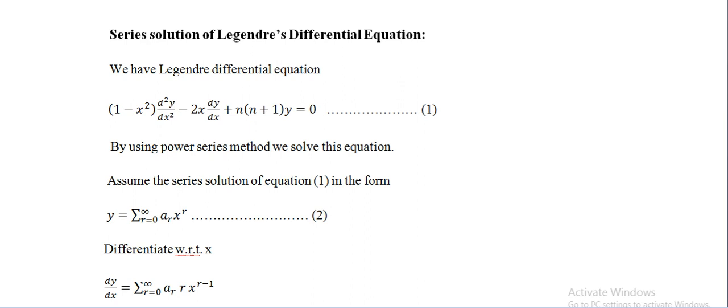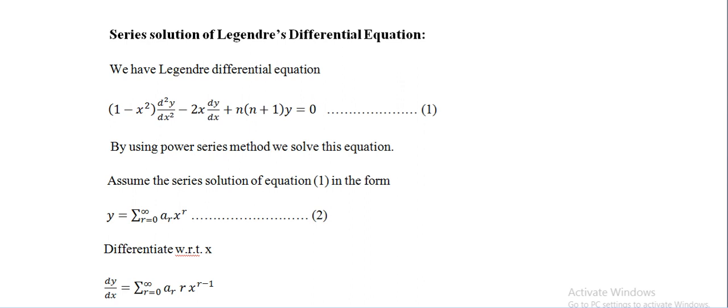First, differentiate with respect to x. The differentiation of y with respect to x is dy by dx. Treat a_r as a constant. The differentiation of x raised to r is r into x raised to r minus 1, which gives the first differentiation.